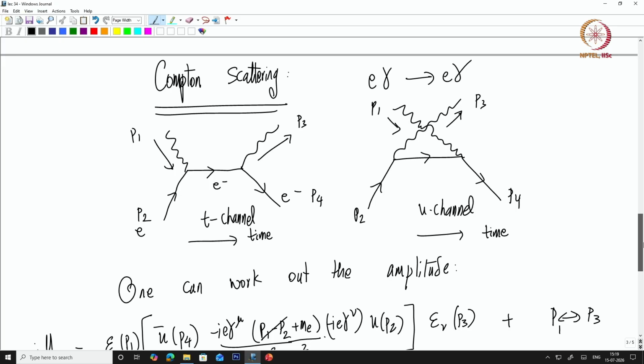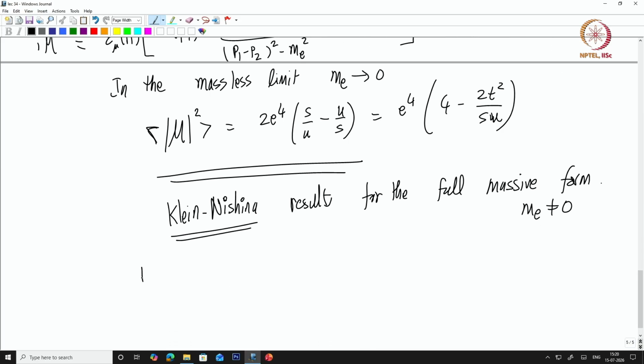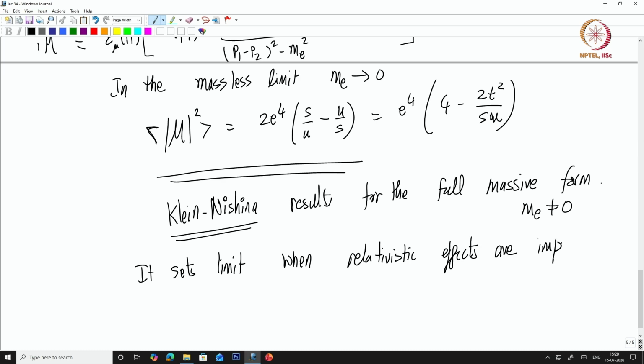Compton scattering is very important. It is the scattering which sets the limit on when relativistic effects are important in a scattering process.